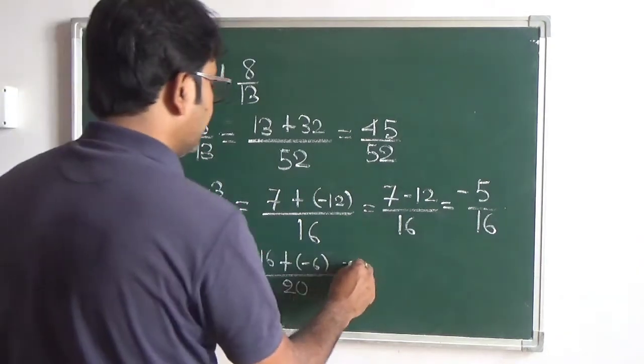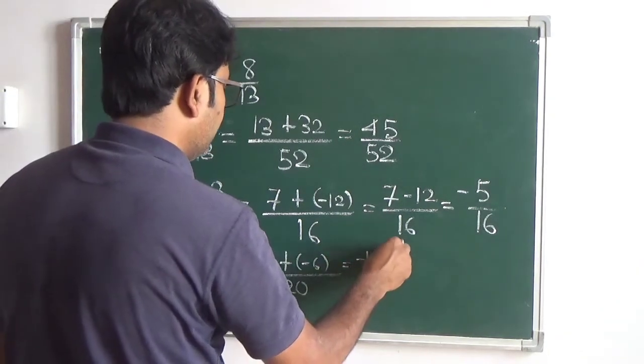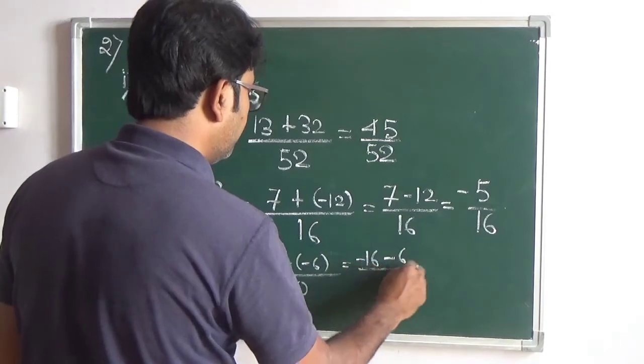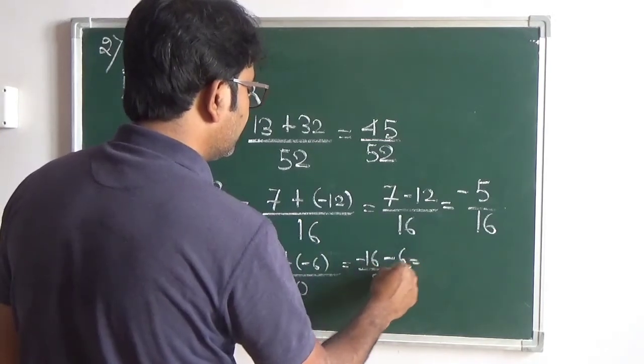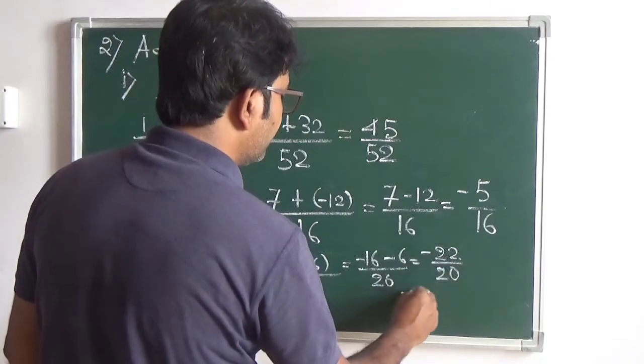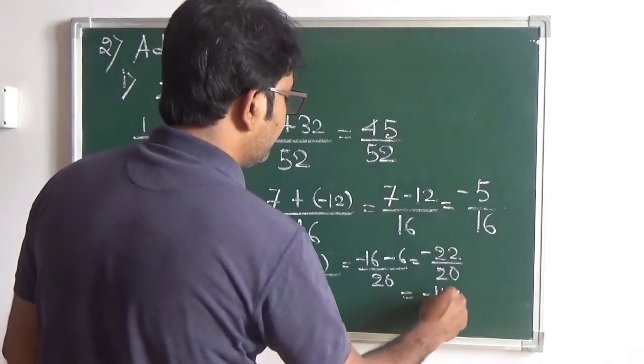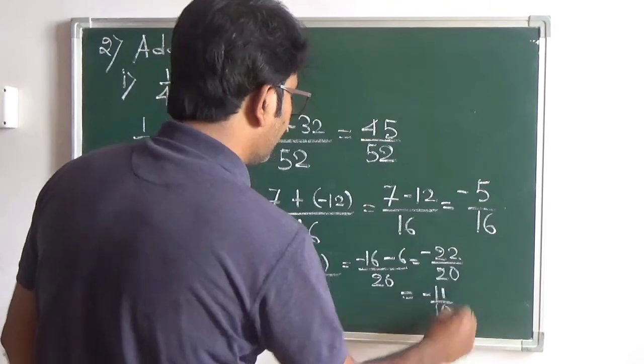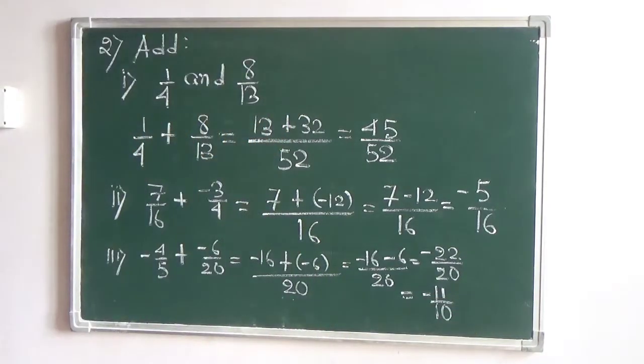You can write it as minus 16 minus 6 by 20. So this is minus 22 by 20. You can reduce it, so it is minus 11 by 10. This is how we have to do question number 2. Moving on to question number 3, which is simplify.